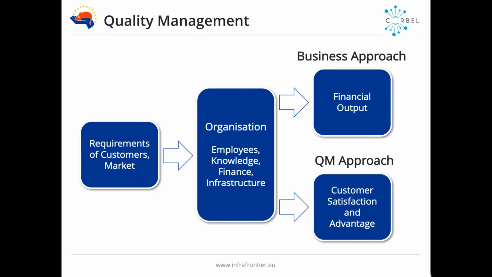organization. So, if we compare quality management to a traditional business approach, the traditional business approach would look at the requirements of the customers, the market, and take stock of what is in the organization, so the strengths and weaknesses of the organization, the employees, the knowledge, the finance, the infrastructure, and the products, and then it would seek to optimize the financial output.